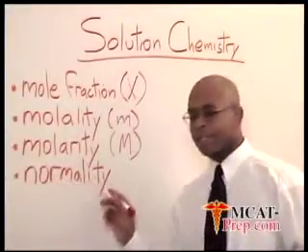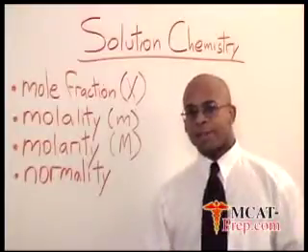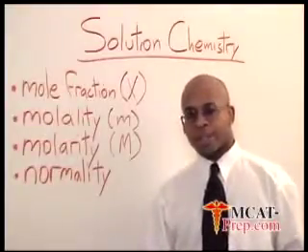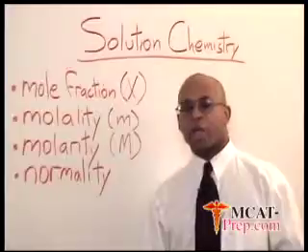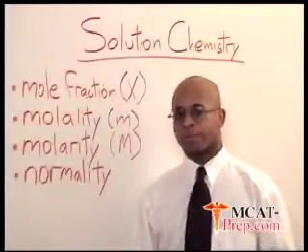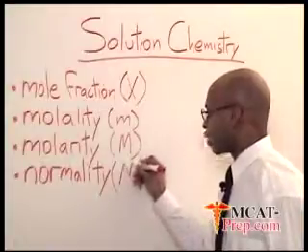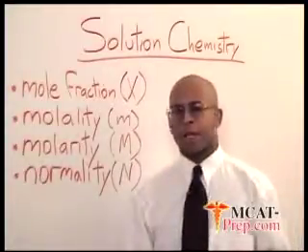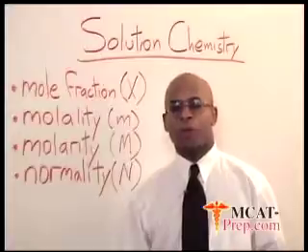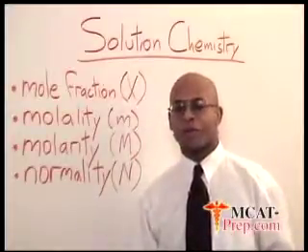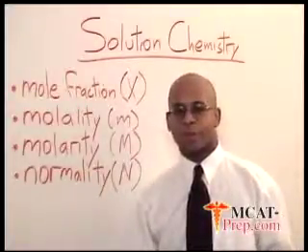Then there's normality. Normality is the number of equivalents of acid or base per liter of solution. Normality is normally symbolized with a large N. We'll talk about normality for a moment because often people are not as comfortable with the concept of normality.